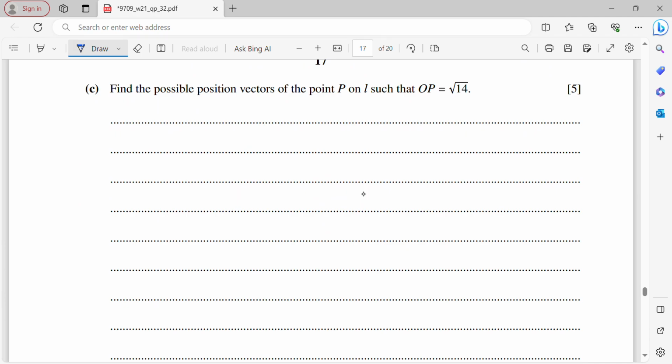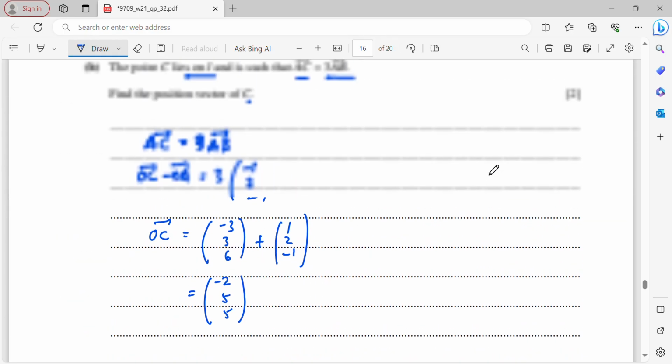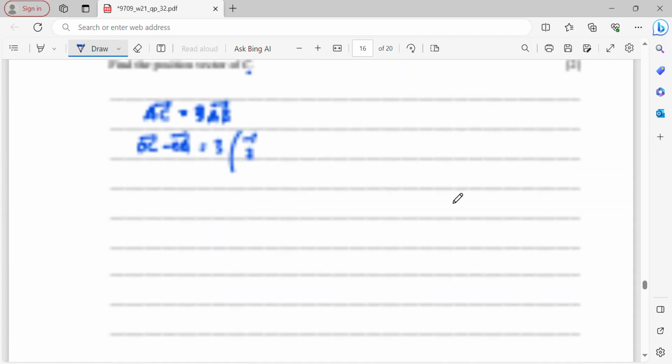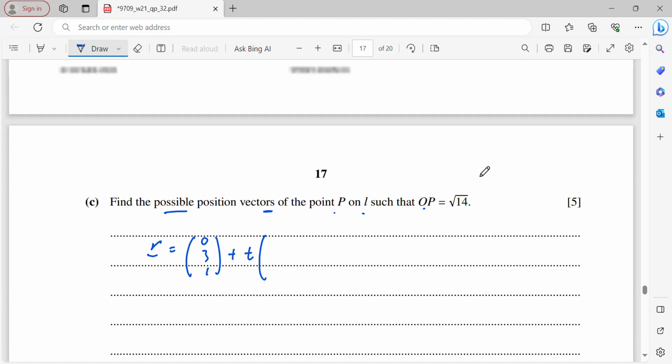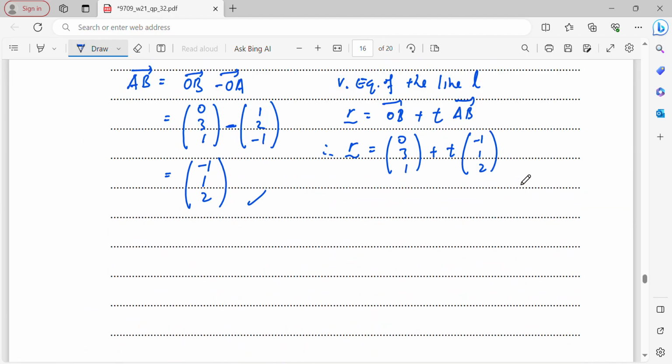Okay, now part C, find the possible position vectors of the points P on L such that OP is square root 14. Since your point P lies on L, that means the position vector of P, which is the OP, is same as the r. So now my r from the previous part, I have to rewrite now. It will be (0, 3, 1) plus t (-1, 1, 2).